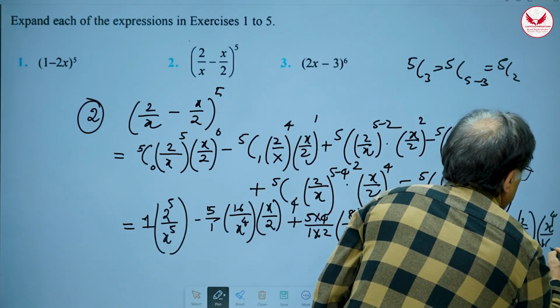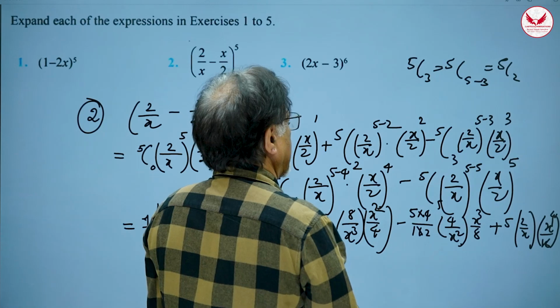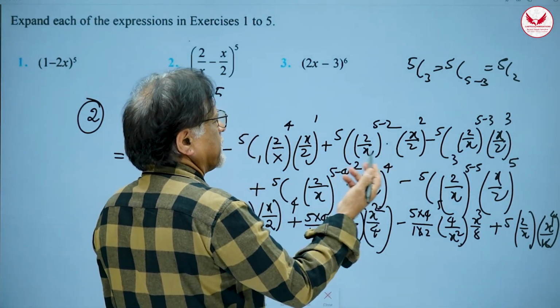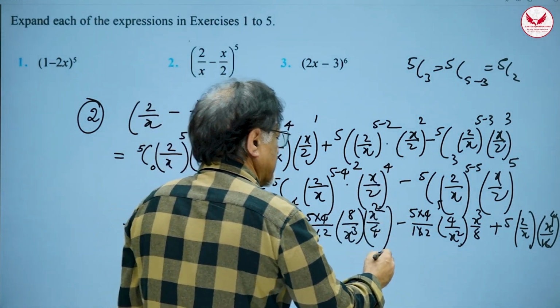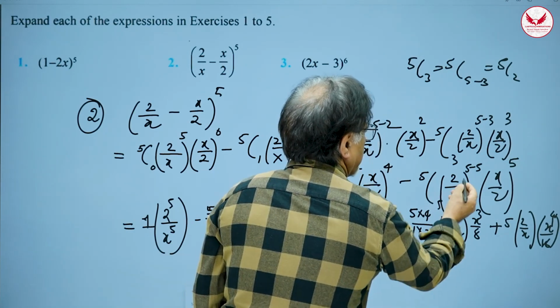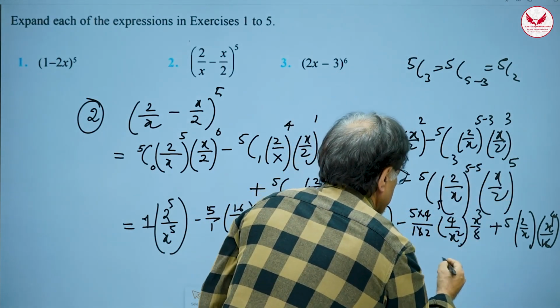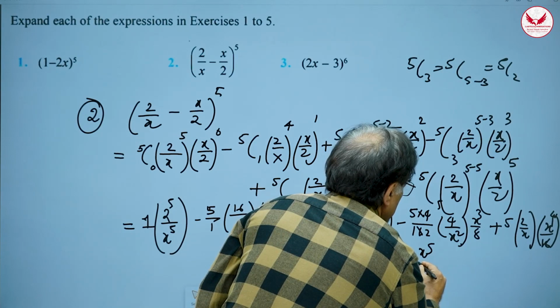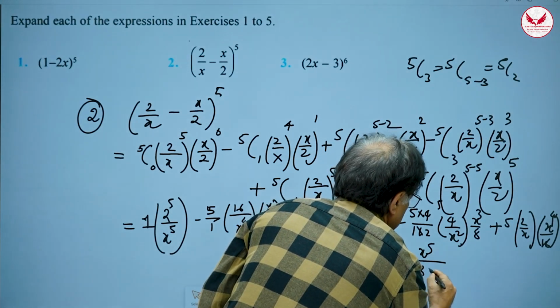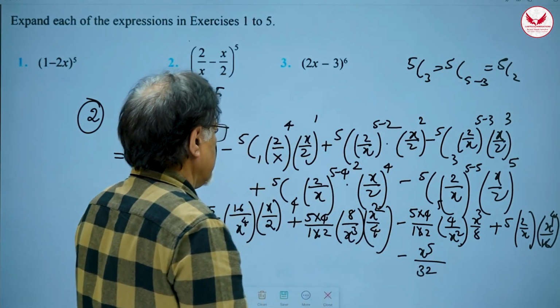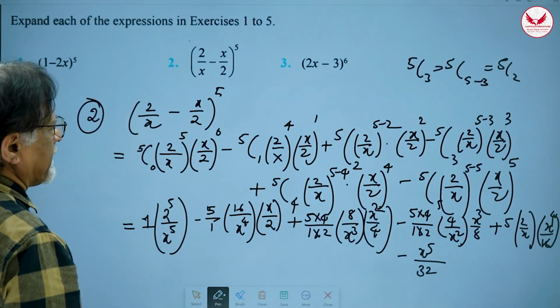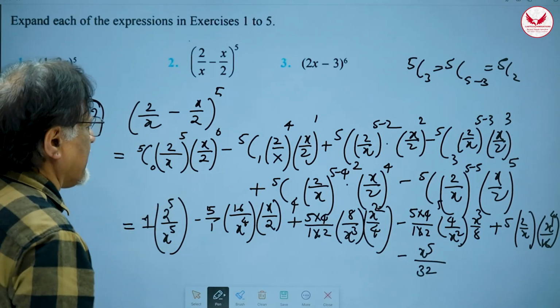That is 16. Okay. And the last term, 5c5 is same as 5c0, which is 1. So that is minus, this whole thing is 1. And it is x raised to 5 upon 2 raised to 5, which is equal to what? 32. Correct?